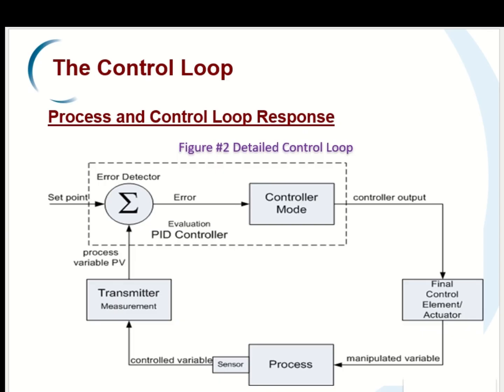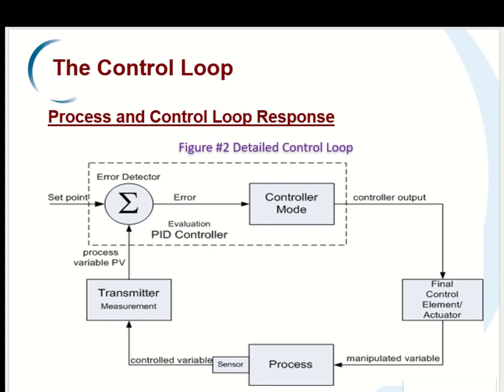Then you can see this is the process control loop response diagram, and you can see there's an error detected, and then the controller mode, and there's a controller output, which adjusts the errors, minimizes the error, so that your measured value is close to the set point. So we can say that the controller error detector performs a mathematical comparison between the measured signal and the set point.